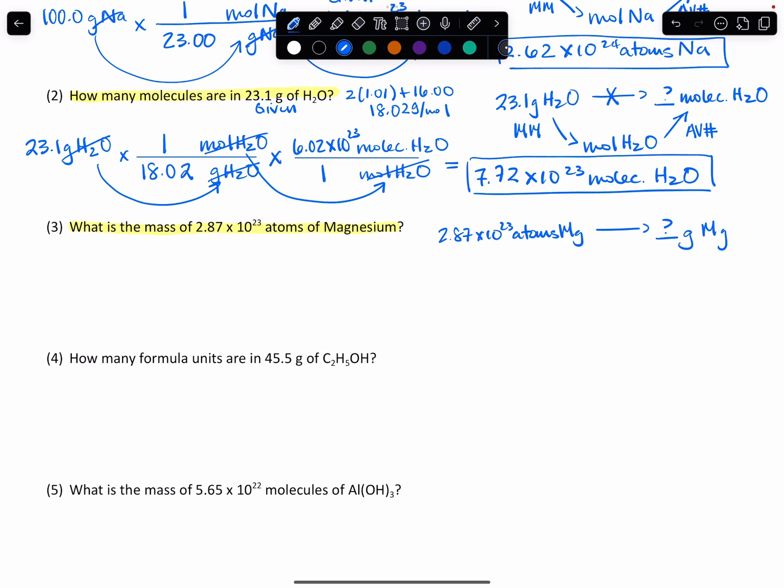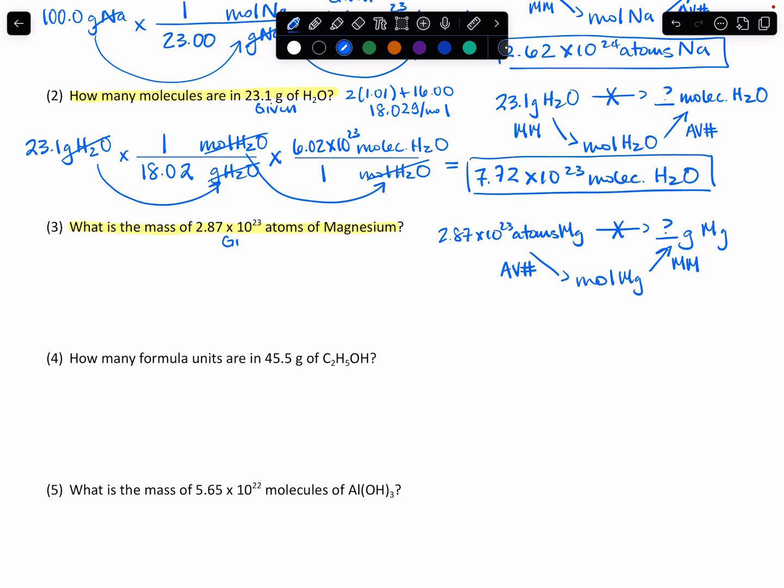As we saw before, there's no direct route between those two units. My first step will be to convert to moles of magnesium. Atoms to moles requires Avogadro's number. Then moles of magnesium to grams of magnesium, I'm going to need the molar mass of magnesium off the periodic table.